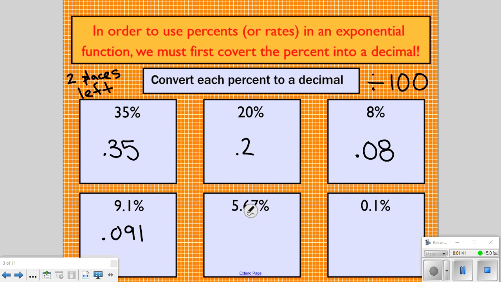If I divide 5.67 by 100, I'm going to get 0.0567. And if I divide 0.1 by 100, I'm going to get 0.001. That is how you are going to be converting percent to decimals.